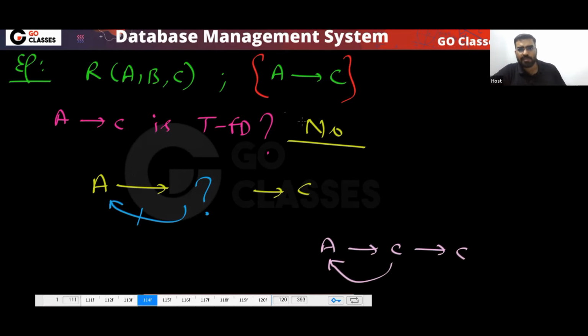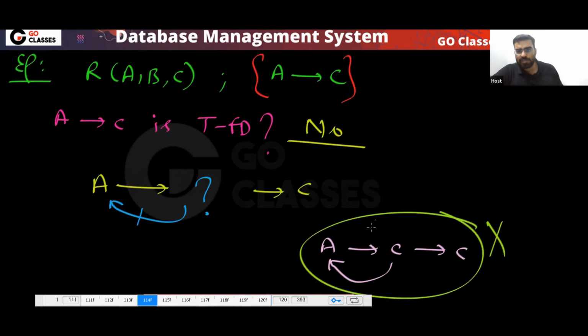C is part of this. So this you should not do. Why should you not do this? Because this should not happen. If I consider this beta, then C should not belong to beta. Yes or no? C should not belong to beta.